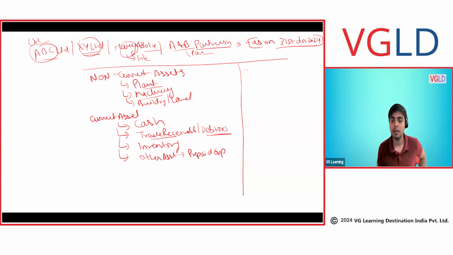Let's say this is 1 lakh, this is 2 lakh, this is 5 lakh. And let's make 50,000, 80,000, let's say 70,000, and this is 10,000.